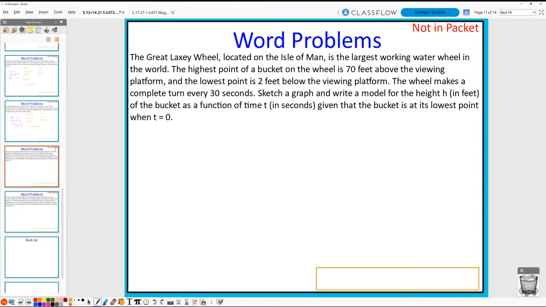In case y'all don't know what a water wheel is, it's just a giant wheel with a bucket, and they tell me it's starting at the lowest point, so I'm drawing it here. Okay, well that was a terrible bucket.